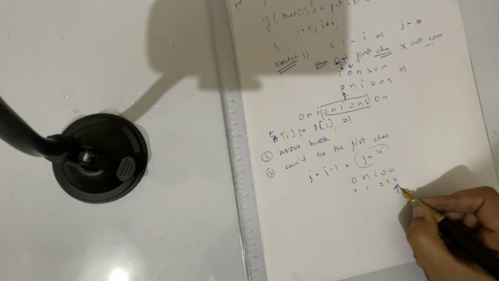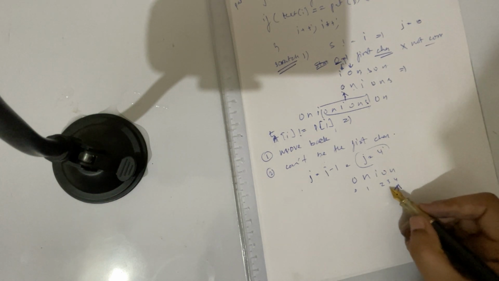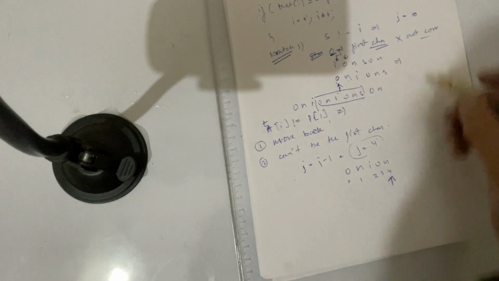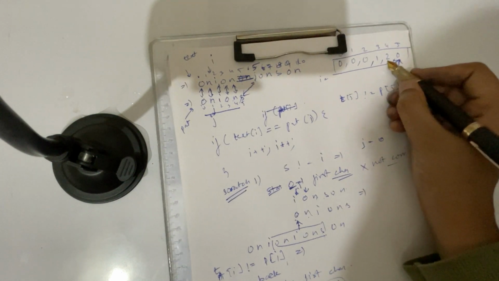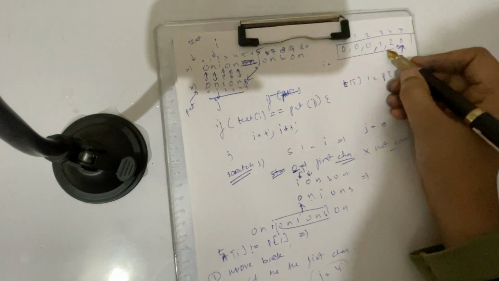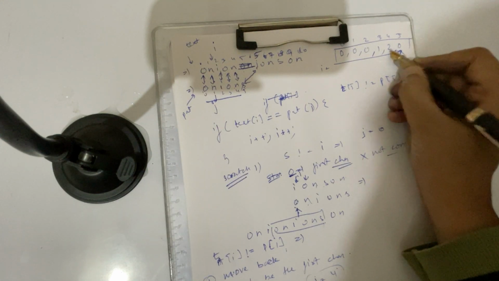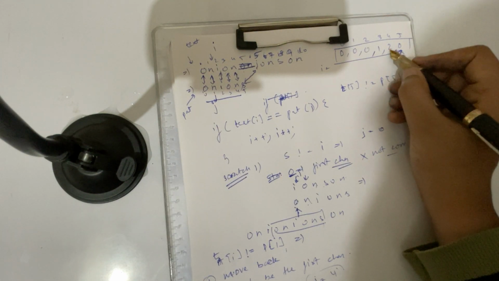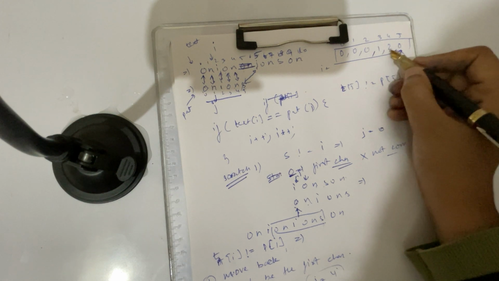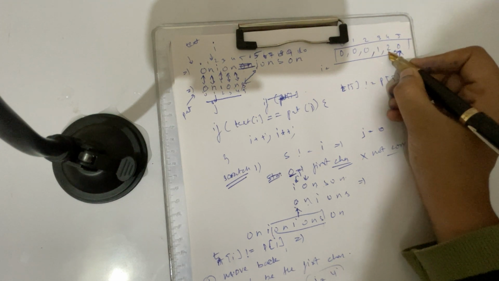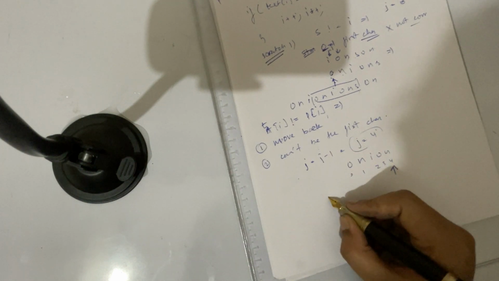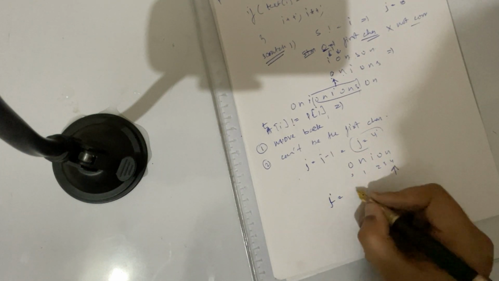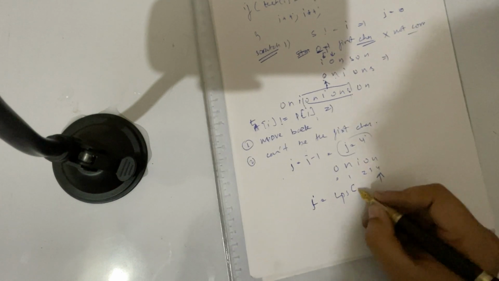Until here I see one thing in the LPS. At the 4th index it is telling me that the next character I should match is the second character, correct? So J is going to be LPS of J minus 1.